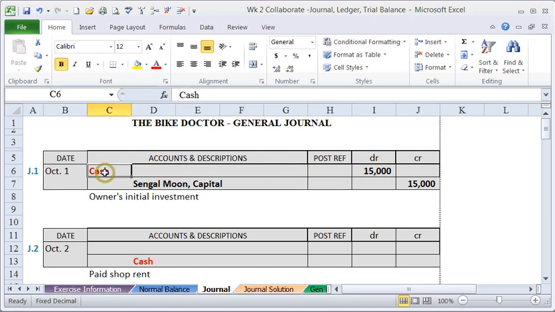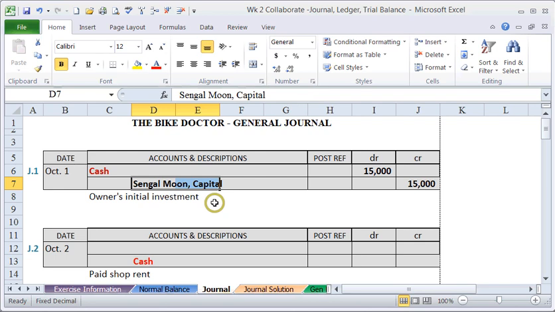The name of the account that's being debited is recorded flush to the left, and the name of the account that's being credited is indented just a little bit. We can start writing that name in the next column on the Excel spreadsheet. And the reason for that is that the name cash is on the left and the debit is on the left.